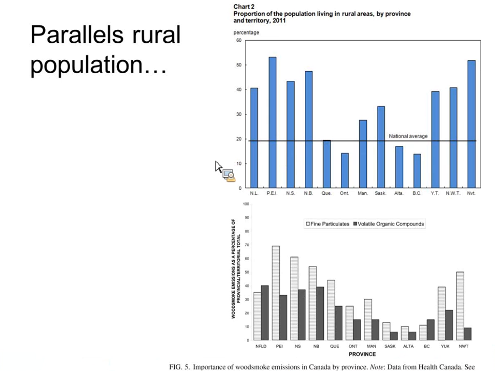And if you recall the figure I showed earlier showing the percent of population living in rural areas by province, it actually fairly closely parallels the importance of wood smoke as a source of PM 2.5.